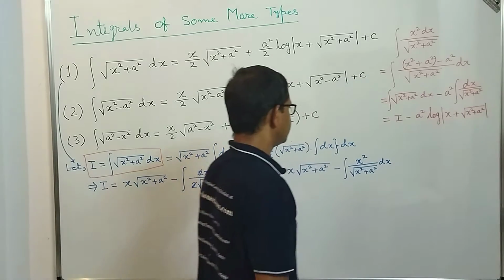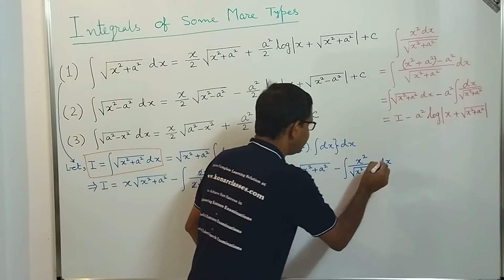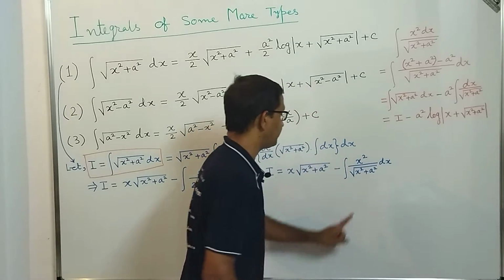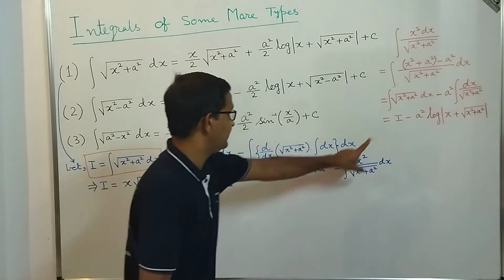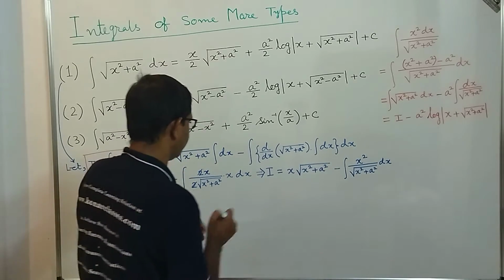Correct? So now what we are going to do, dear students, is apply this value, that the integration of x square by square root of x square plus a square dx is this one. So what we are going to get, let me go back to the blue color.